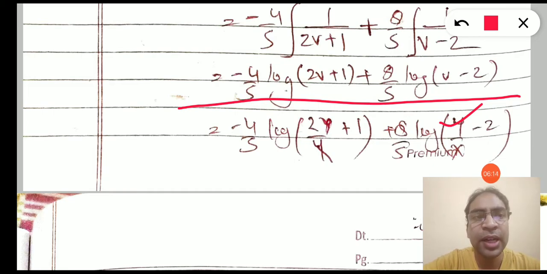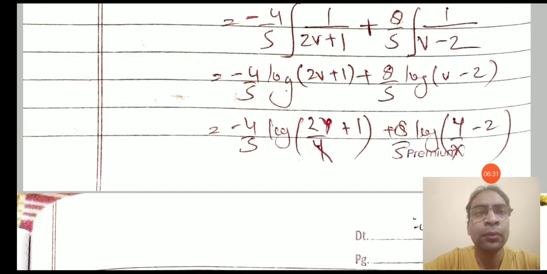If you remember, we had substituted small x is equal to capital X plus h and small y is equal to capital Y plus k when we were starting the question. Then we calculated the values of h and k. h was 1 and k was 2.